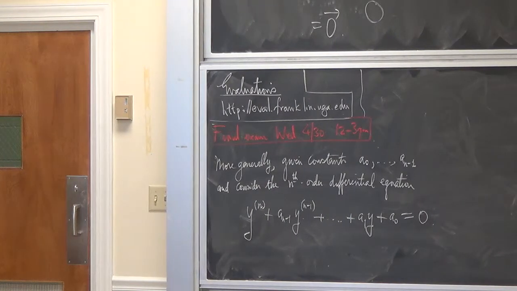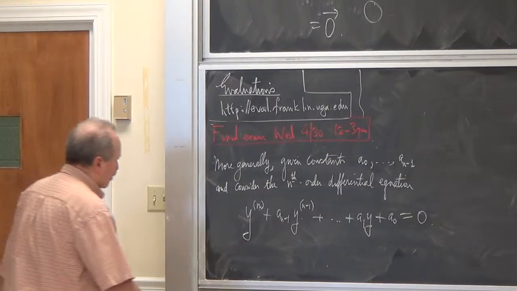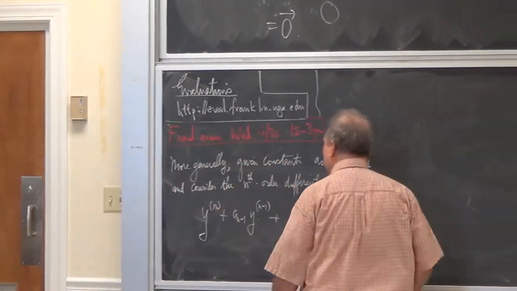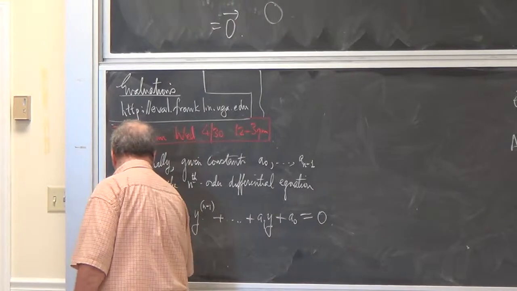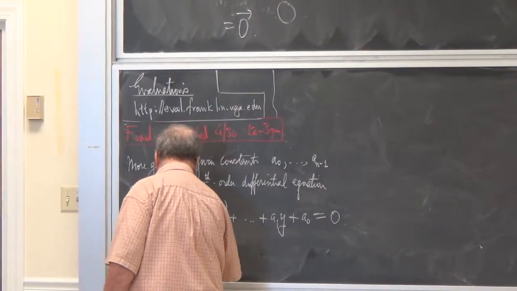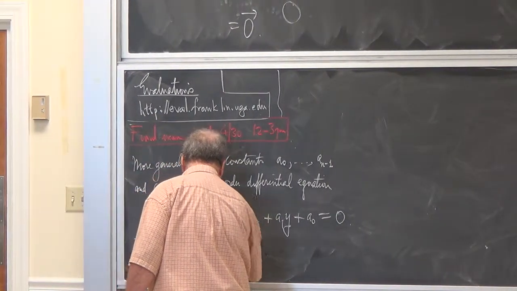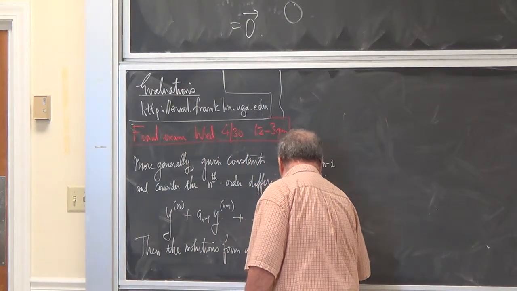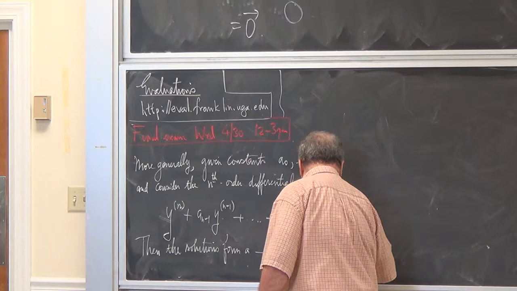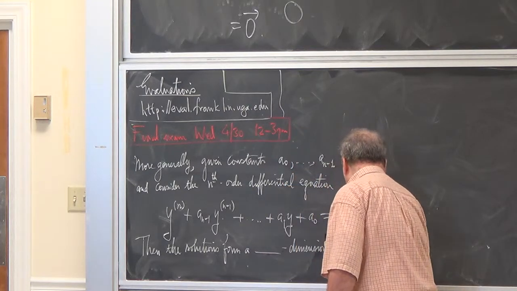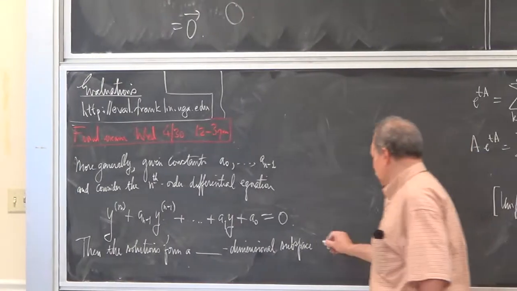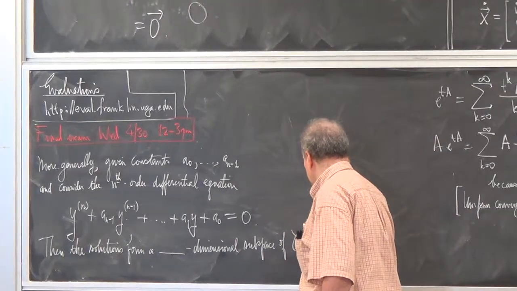I'm going to try to make it look like a first order. So the statement is going to be, then, the solutions form a blank dimensional subspace of the functions that are n times continuously differentiable. Remember we talked about this last semester.